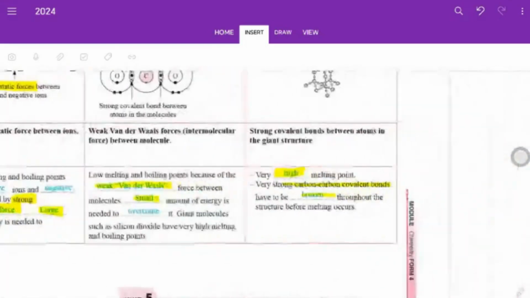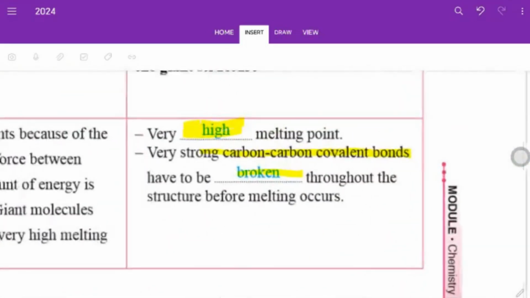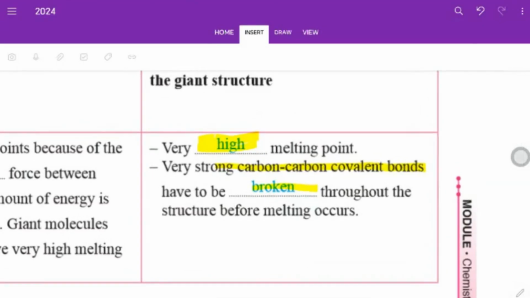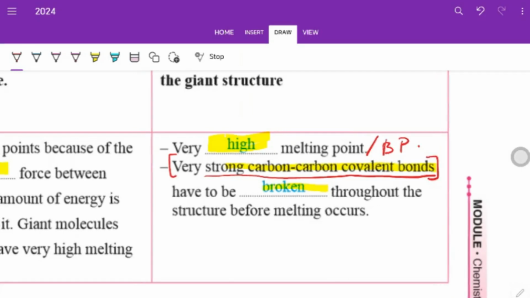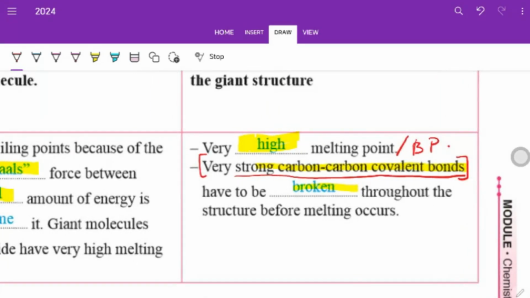Yeah, everybody go to 89. So it has very high melting or boiling point. Why? Because it has very strong carbon-carbon covalent bonds. Okay, this one very strong one. So a lot of heat is needed to break the strong carbon-carbon covalent bonds.